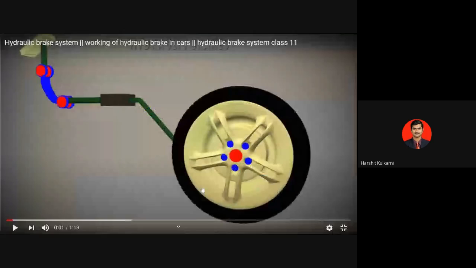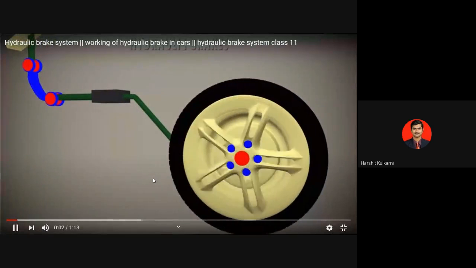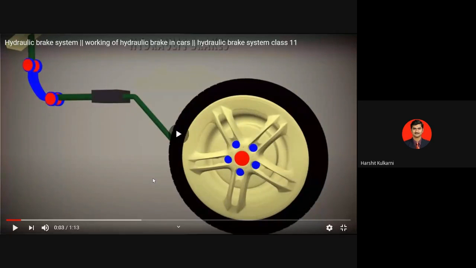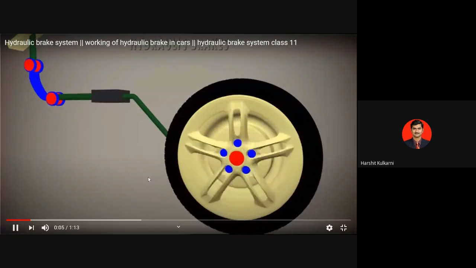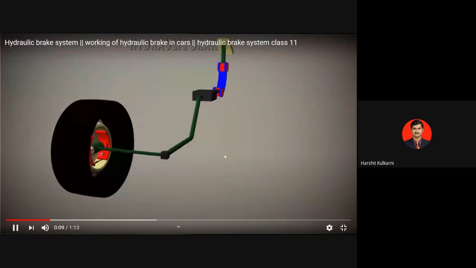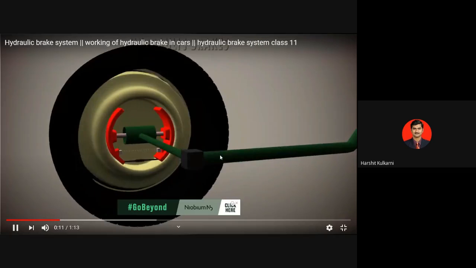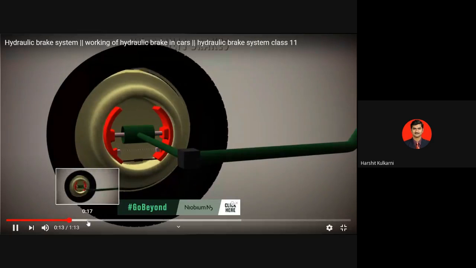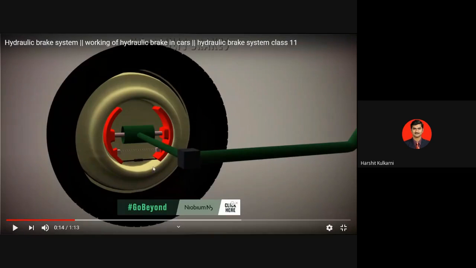Yeah, so if you see, you can see here in the regular condition, where the vehicle is moving at high speed, the brake shoes are not in contact with the inner layer of the wheel.